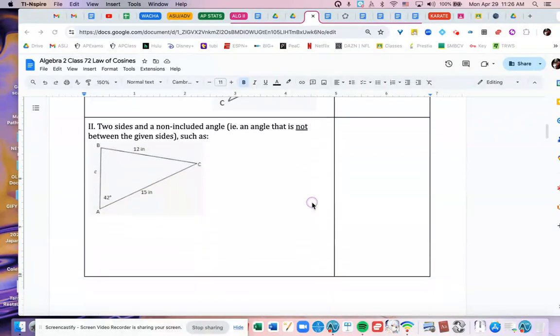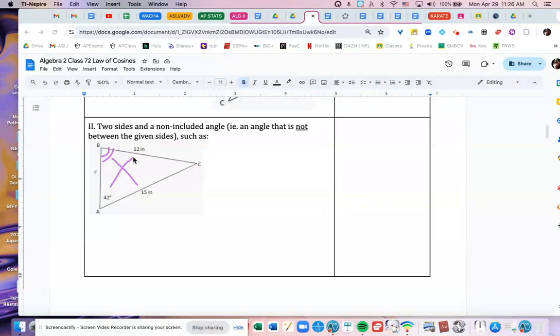Okay, let's look at this situation. Can I use law of sines? Well, yes, I can because those are opposite. So I can do sine of 42 over 12. These are opposite. So, oops, sorry, those are sides. Sorry, this, I don't know. But I can figure out this angle, can't I?